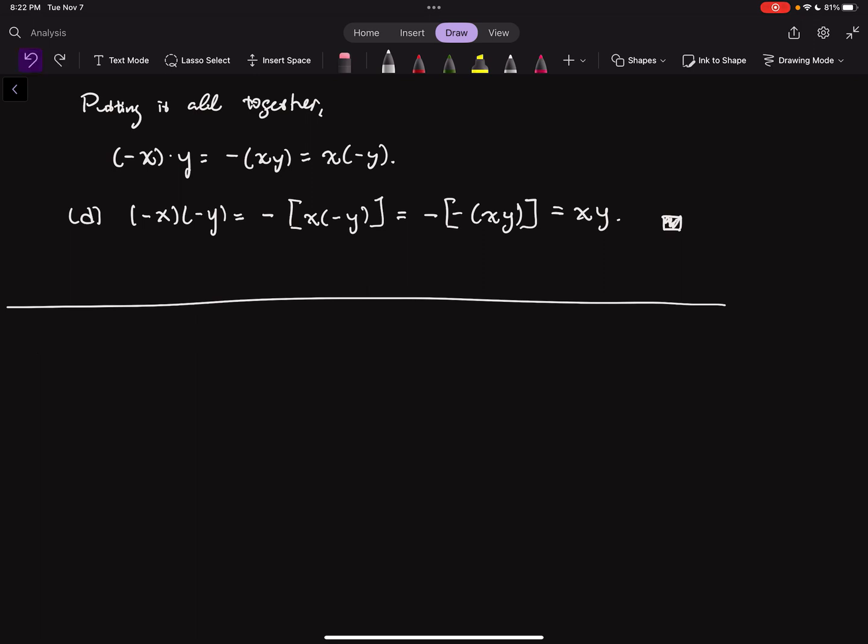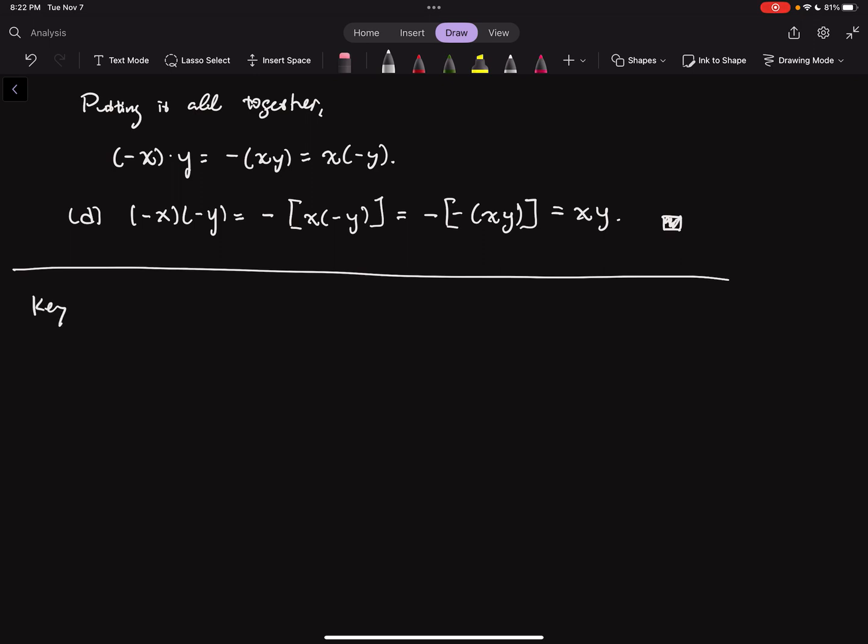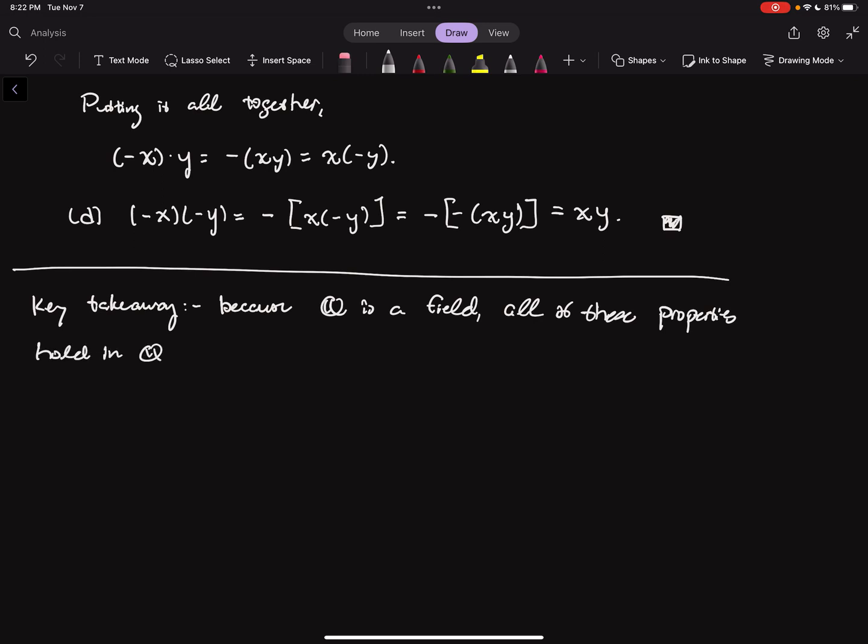The key takeaway: because Q is a field, all of these properties hold in Q. I guess where we're going, we're not so much interested in Q as the set of real numbers, but it turns out the set of real numbers will also form a field.